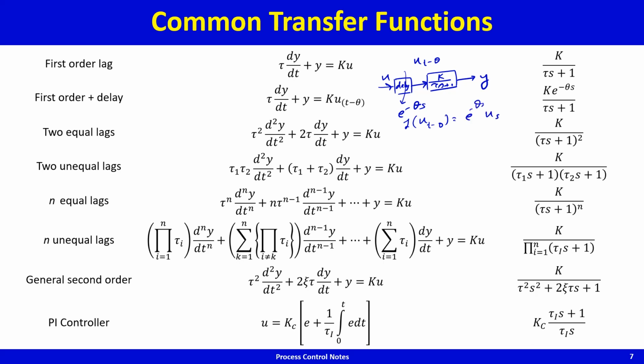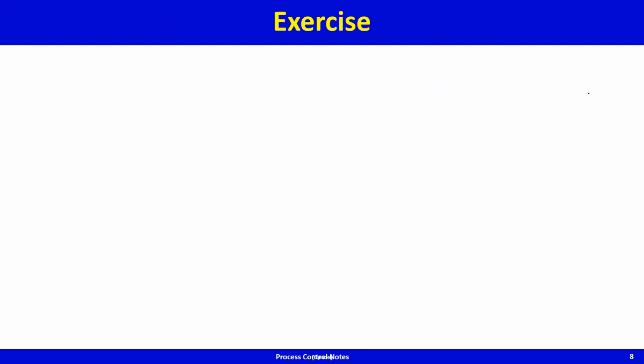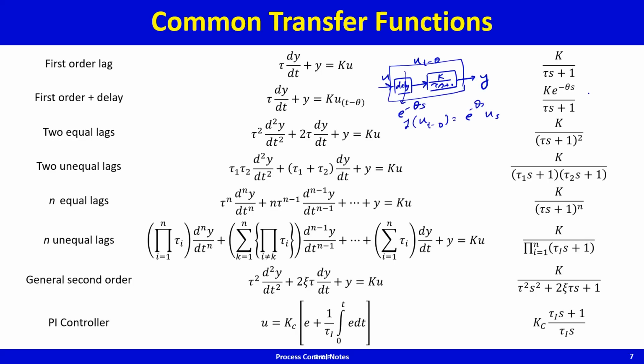This we have derived earlier, and therefore the overall transfer function from here to here is k by tau s plus 1 times e to the power minus theta s. This is the first order plus time delay transfer function, which we will see quite a bit.